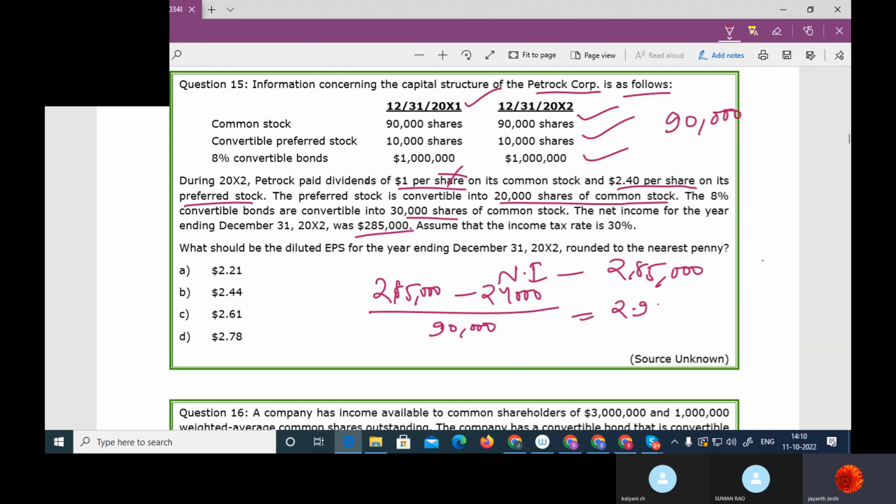Then you have to go for the diluted EPS. The preferred stock is convertible into 20,000 common shares.